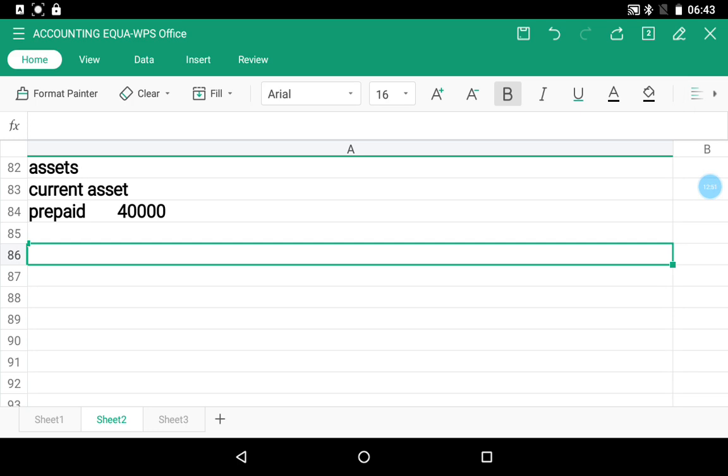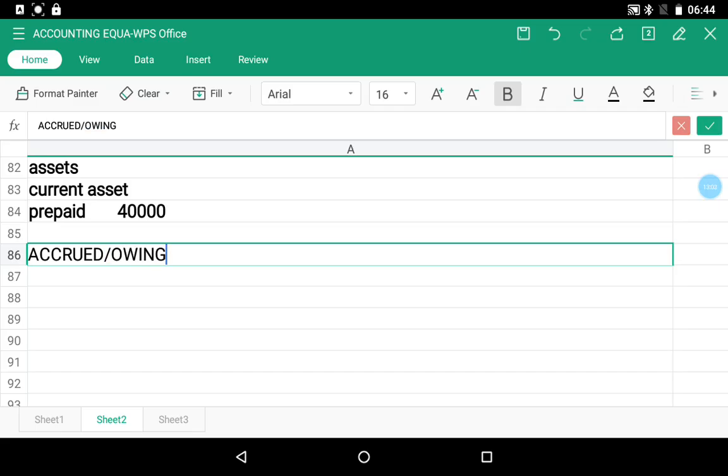Now let us look at how you treat income. Remember I said we have accrued, we have owing, we have outstanding incomes.